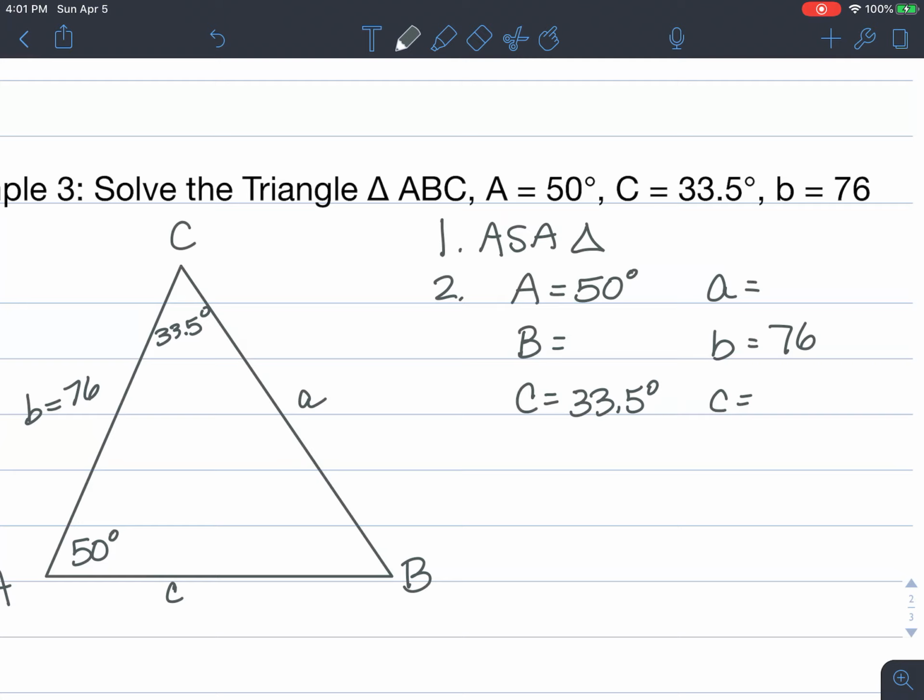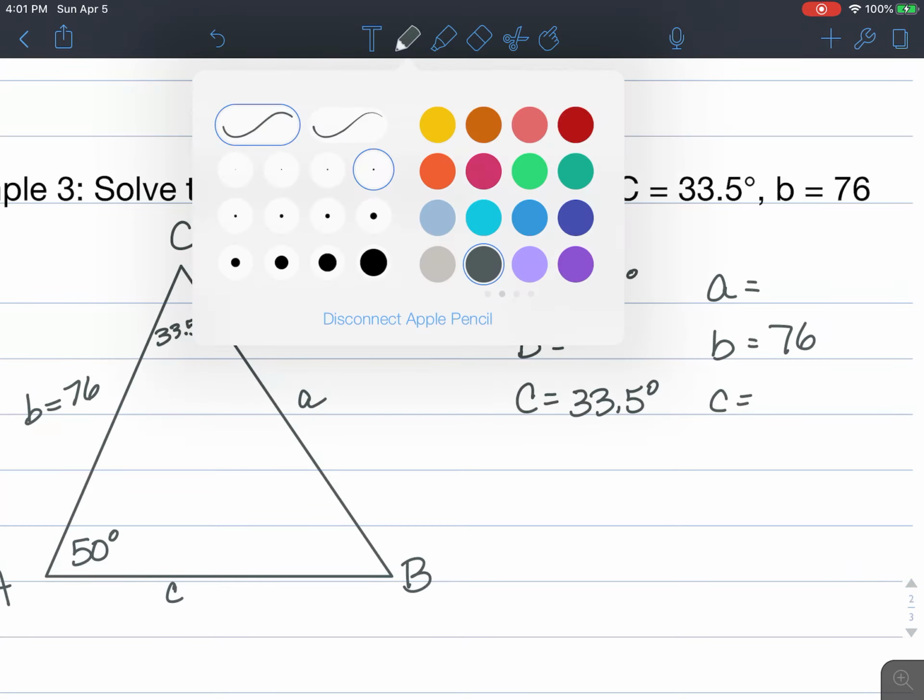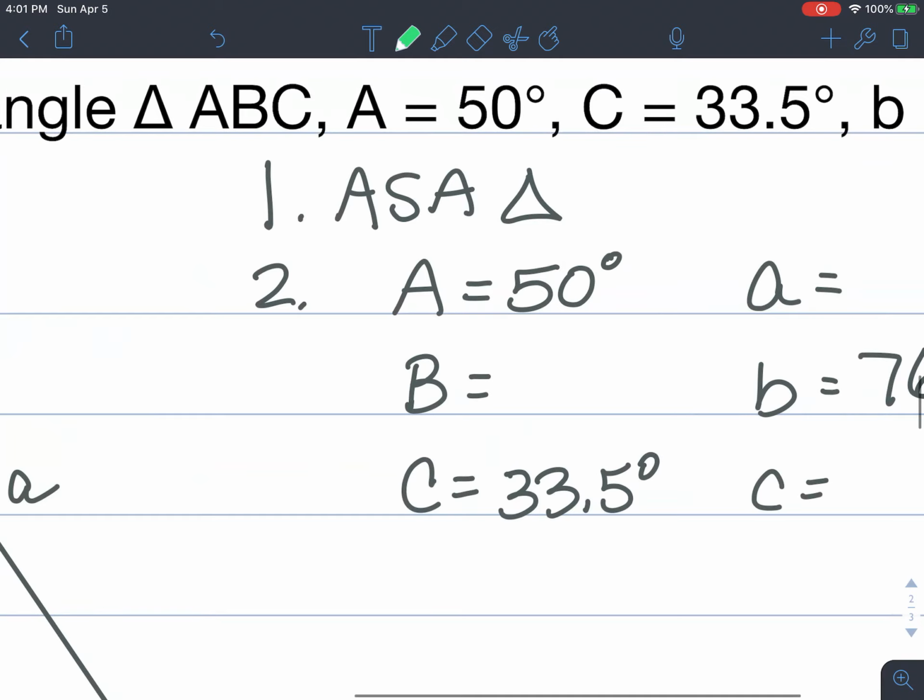Okay, so no difference here. The first thing you're going to do is still find the missing angle. So we're going to have to add angle A and angle C. So 50 plus 33.5 is 83.5. And then subtract that from 180, and we get 96.5.